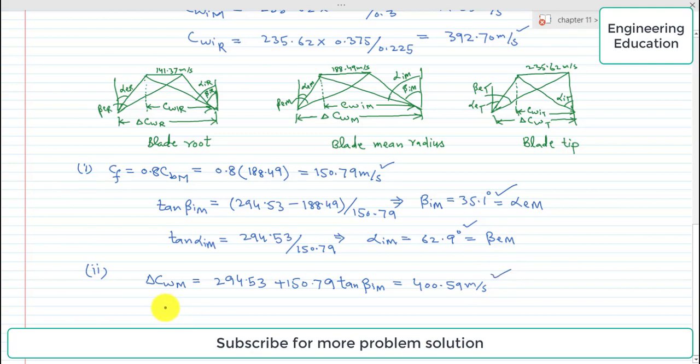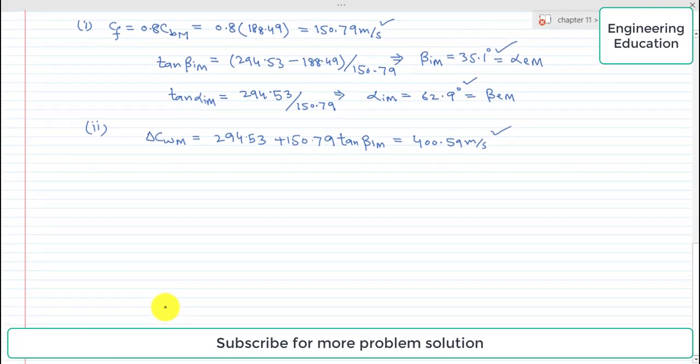Also, to find the value of delta CWR, that is the change in whirl velocity at root, it comes out 400.59 into CBM, which is the blade velocity at mean radius, divided by CBR, which is the blade velocity at root.